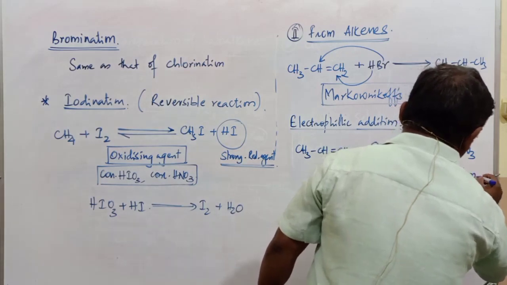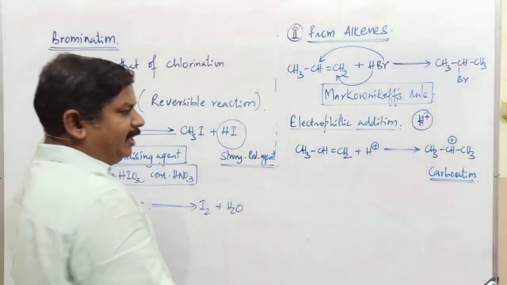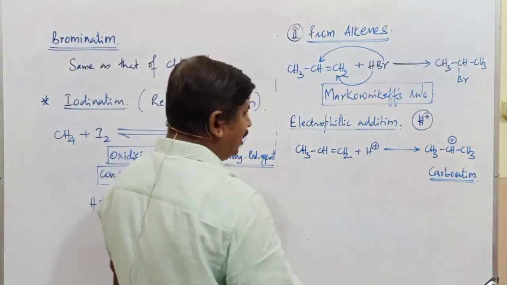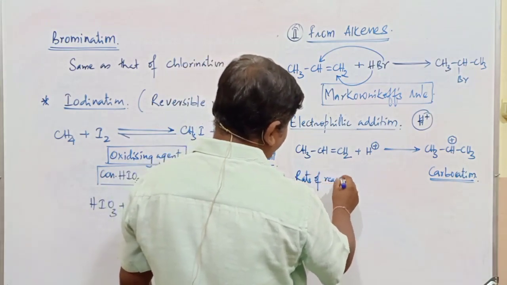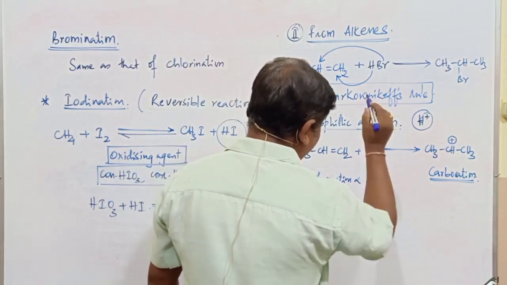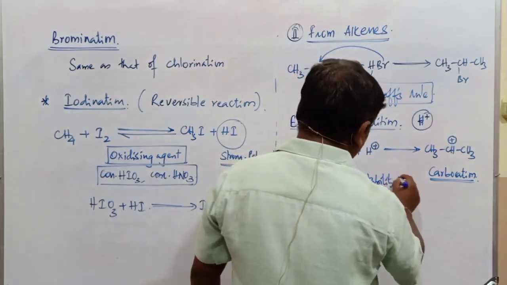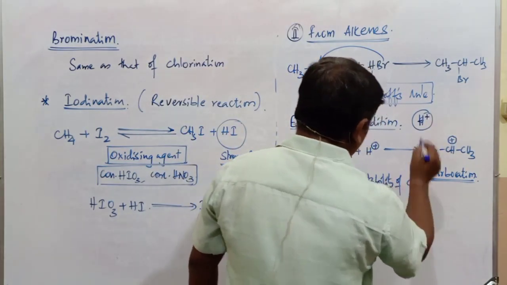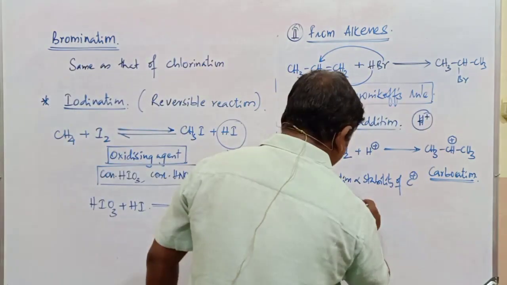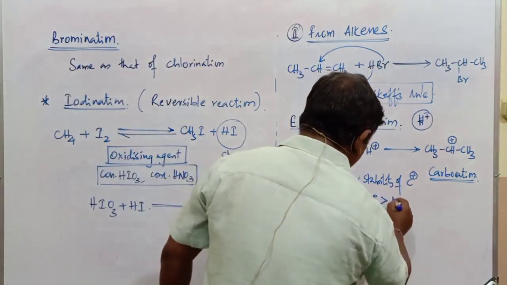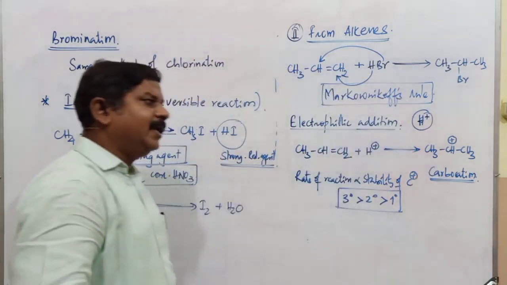The nature of the compound depends upon the stability of the carbocation. So here the rate of reaction is directly proportional to the stability of the carbocation. I already said about the stability of carbocations. Generally, in common compounds, a 3° carbocation is more stable compared to 2°, and 2° is more stable compared to a 1° carbocation.